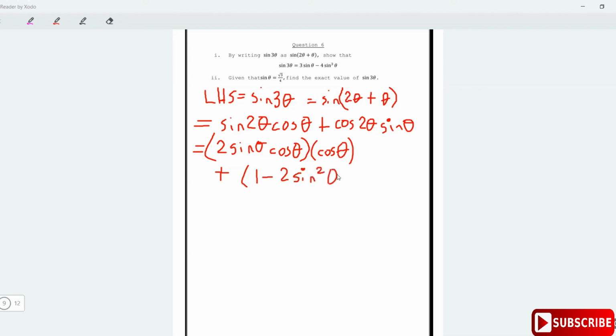And this is being multiplied, of course, by the sine of theta.